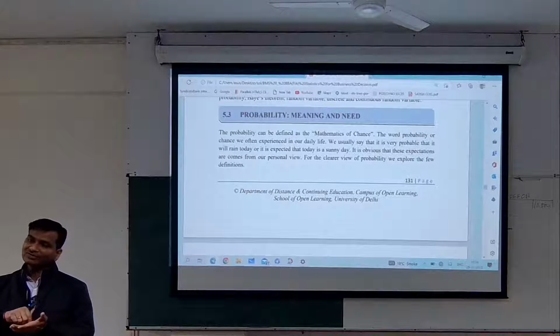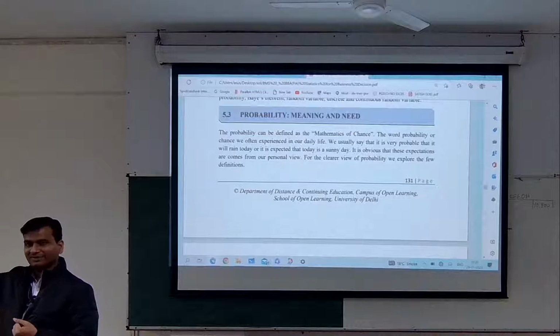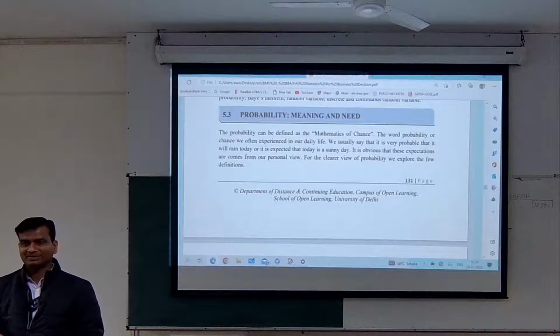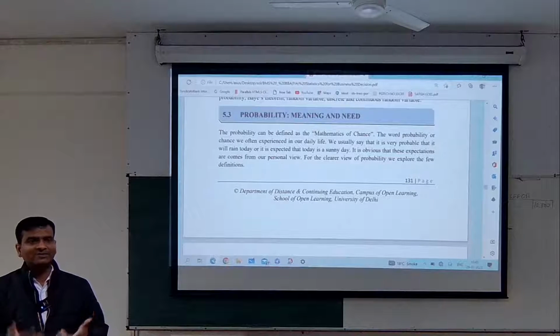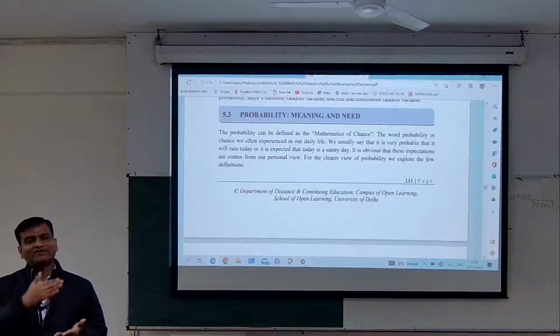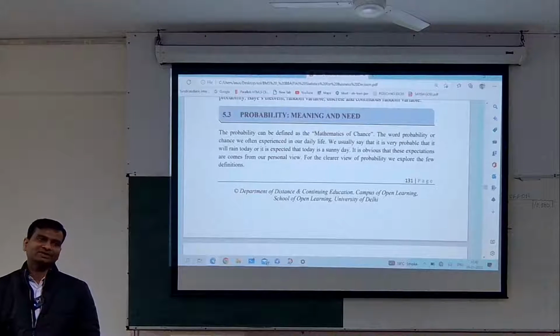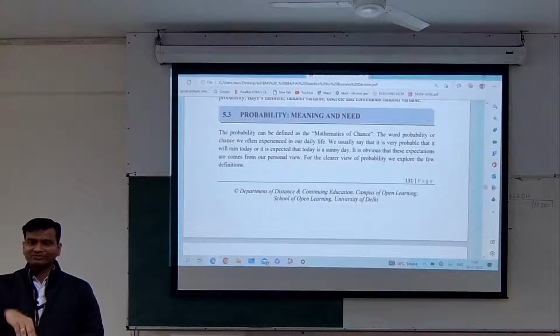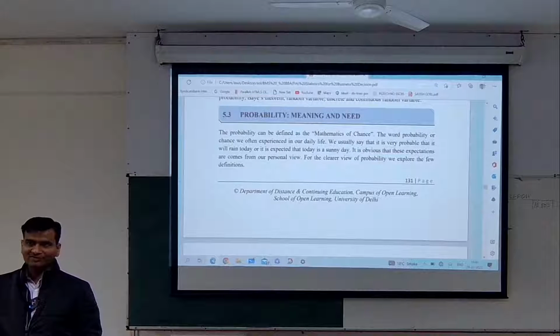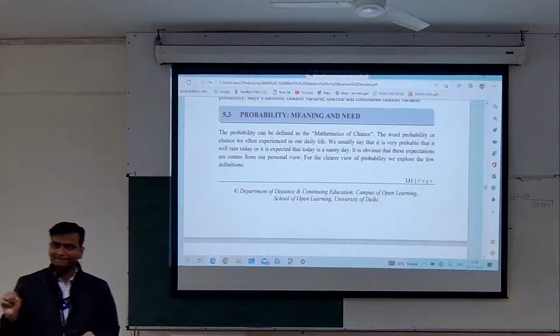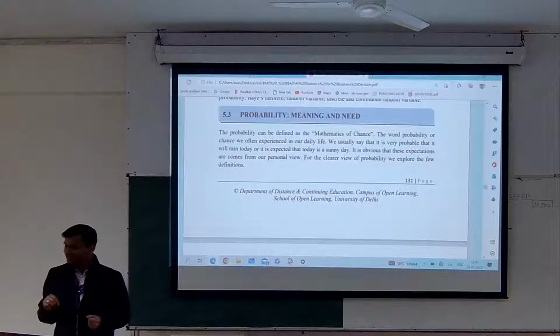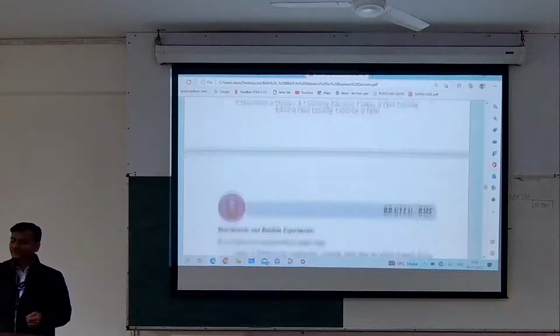If you want everyone's prediction to be the same, you have to use the probability rules. If you know the mathematics behind it, you can find the exact, standard, mathematical probability, which would be the same for all. Anyone who estimates using that formula would always get the same value. This is basically the need for probability.